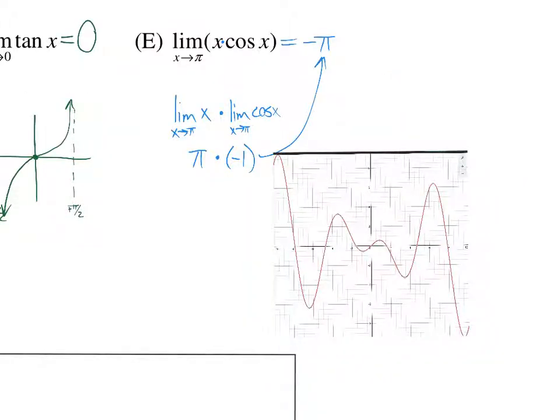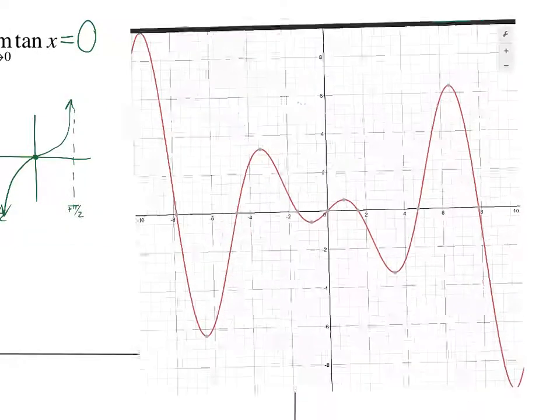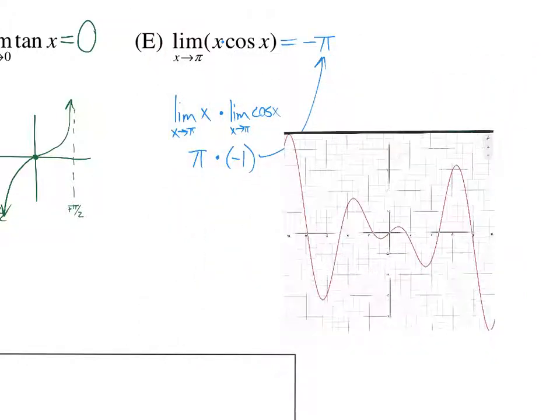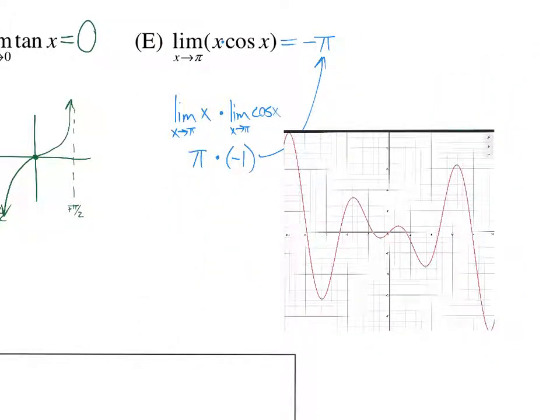All right, so looking at the graph here, you can see that, well, it looks a little different than our cosine graph. We do have a continuous function. Okay? So as we're approaching pi, this is where it's helpful to use your calculator a little bit. Let me do this. Okay.